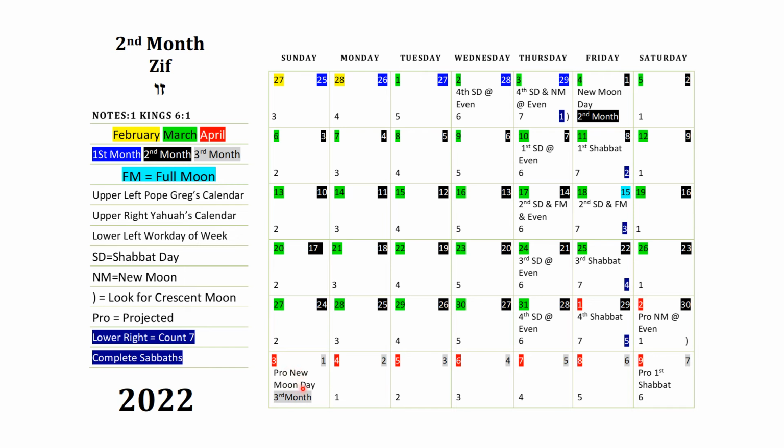So after new moon day, you count your 6 working days. 1, 2, 3, 4, 5, 6. And then on the calendar for the next month, 7. Your Shabbat should line up on the new moon day every month, just like it did here. We count in the same way. The only difference is this month here had a 29-day month. This month right here had a 30-day month. So at new moon day, count 1, 2, 3, 4, 5, 6, then 7. That'll be your 6th Sabbath right there.